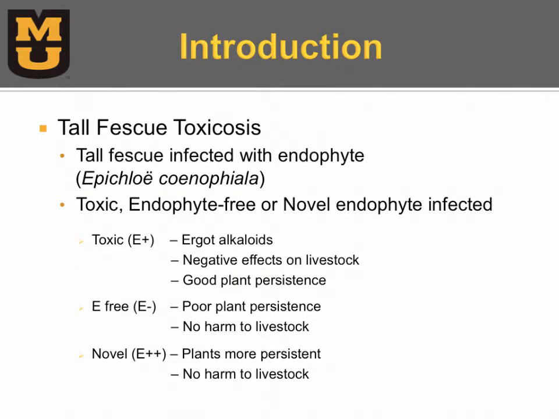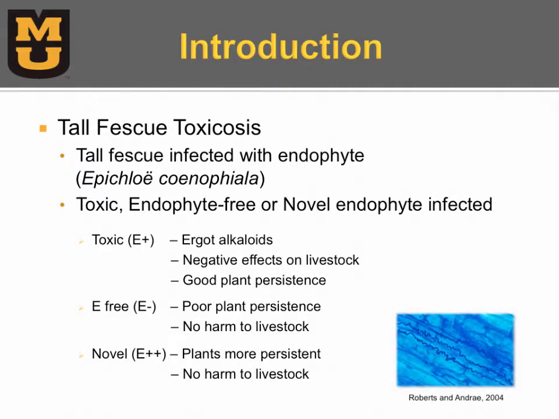So tall fescue toxicosis is a result of tall fescue which is infected with endophyte. I have a picture here of the endophyte at the microscopic level, between the plant cells in the plant. There are three different tall fescue endophyte associations: toxic, endophyte-free, and novel endophyte infected.